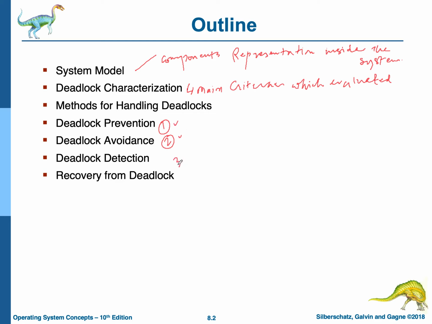The third approach is deadlock detection and deadlock recovery. Also there is a fourth approach which is not mentioned here, which is deadlock ignorance. Ignore that there is a deadlock and let it go. This is the most common approach used by many operating systems.